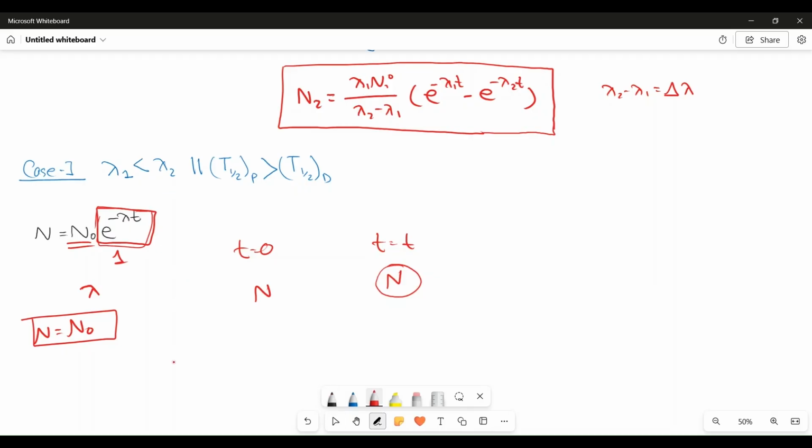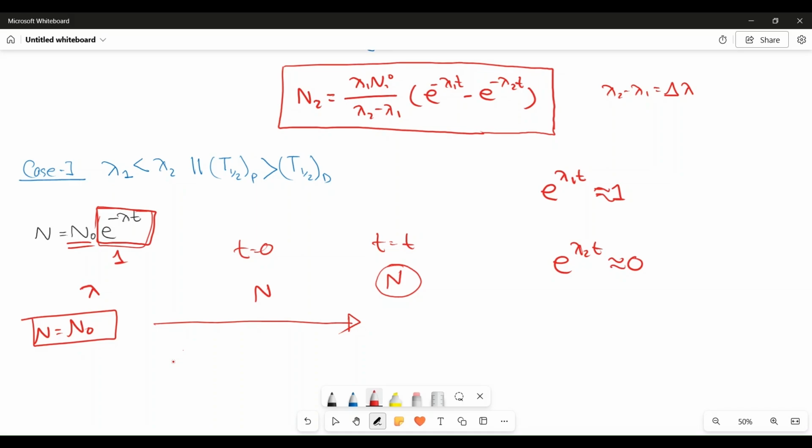So in that case, this part will have to be 1. So in this case, we have e to the power minus lambda 1 t, the parent's one, is 1, right? And the other part, e to the power minus lambda 2 t, will be close to 0. Why 0? If the parent decays a very little amount, the daughter will barely have something to decay, right?